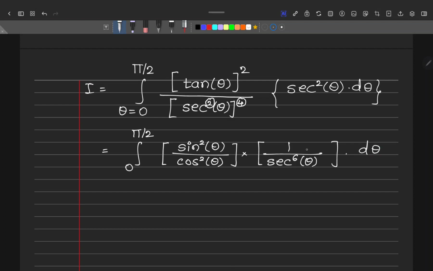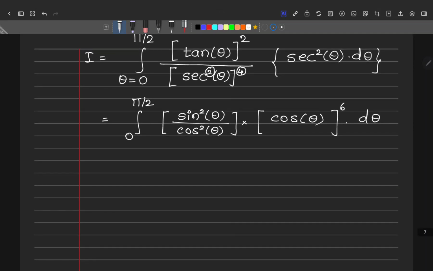So 1 upon sec, we take this power here, and 1 upon sec is nothing but cos theta. You can mention here, since 1 upon sec theta is equal to cos theta.